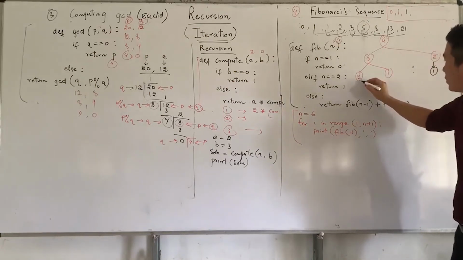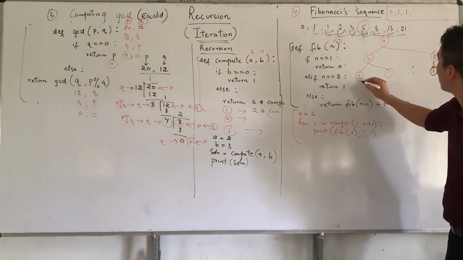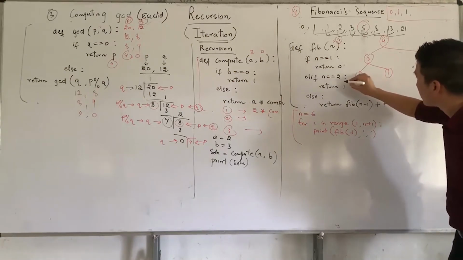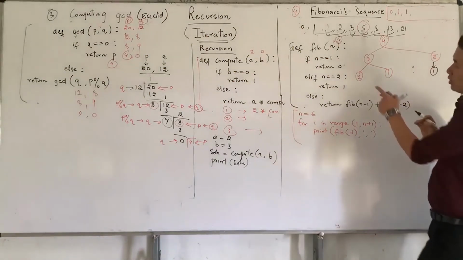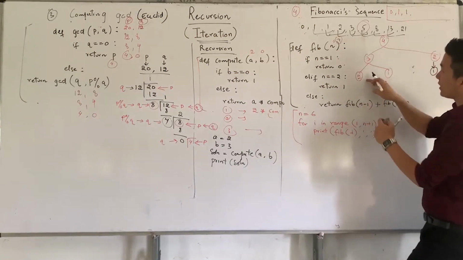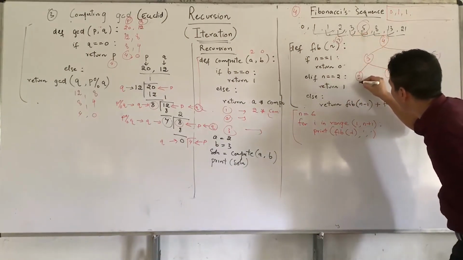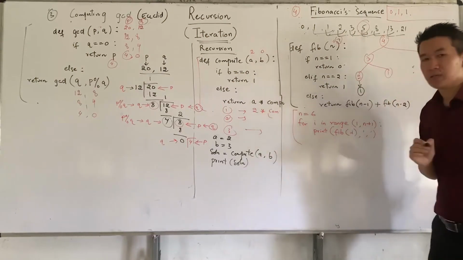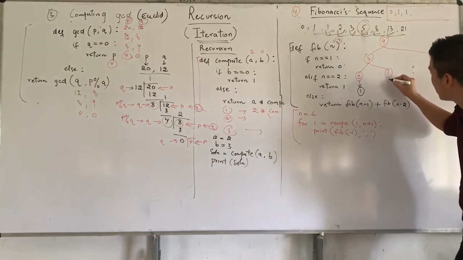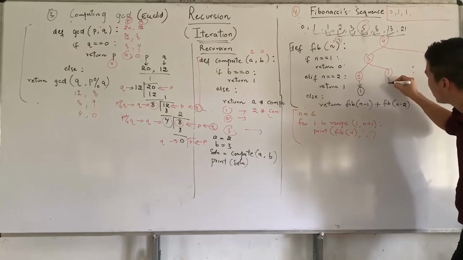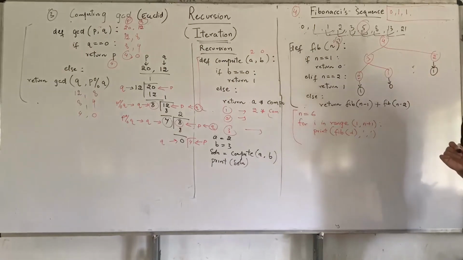And then you have this 2 here. Again, you have the call here, and then up it goes. The second condition will be true. The value of 1 will be returned. However, this will return a value of 0.